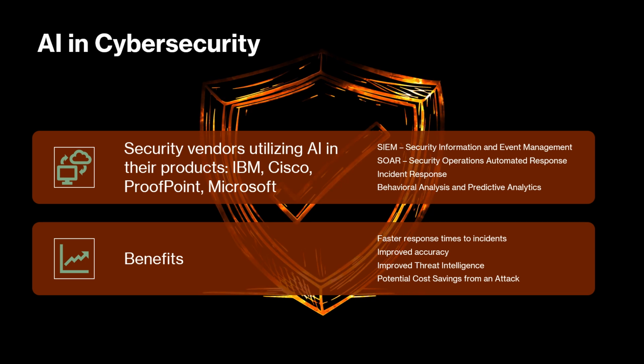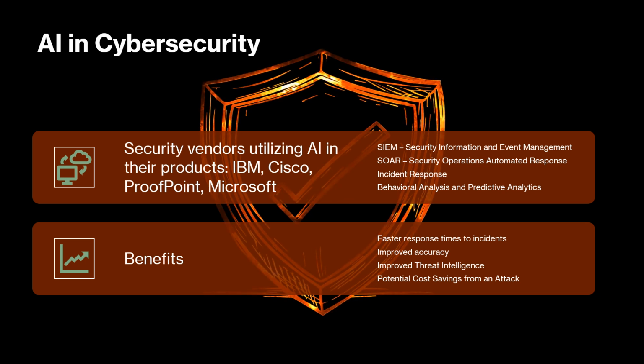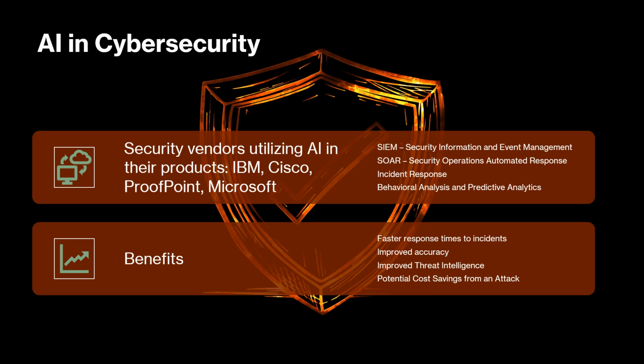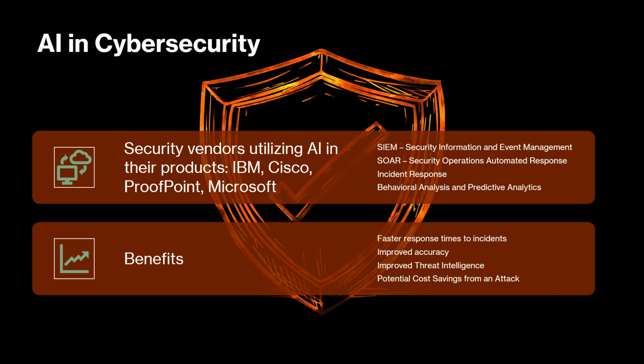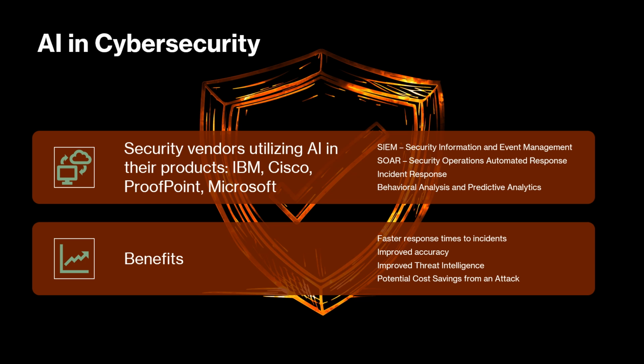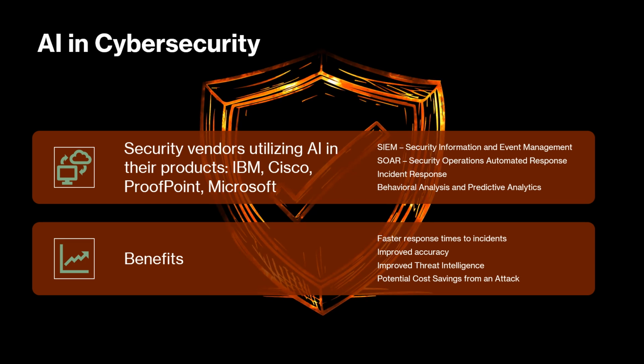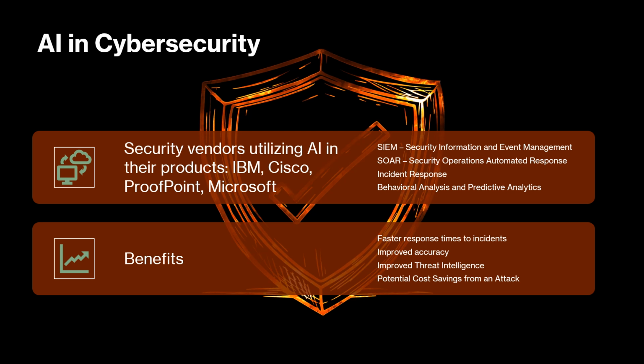And again, it ties in with the first bullet about faster response times: the potential cost savings and impact from an attack. Important to know, in 2024, internet crime was $12.5 billion in losses. What AI has the ability to do is definitely reduce these significantly.